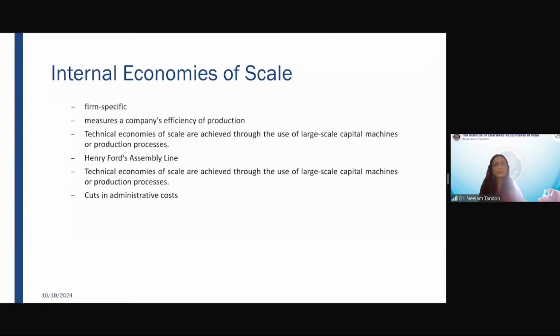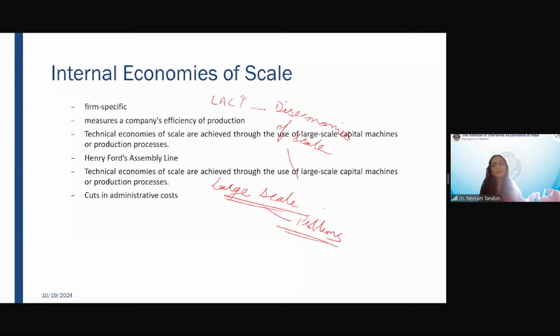When we say LAC is increasing, it is because of diseconomies. It means you are working on a large scale, which is leading to problems, and these problems are resulting in higher LAC. That's what diseconomies of scale is.